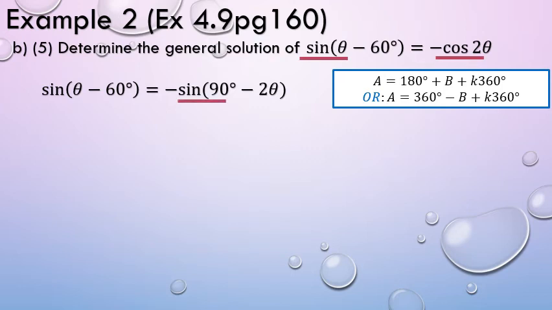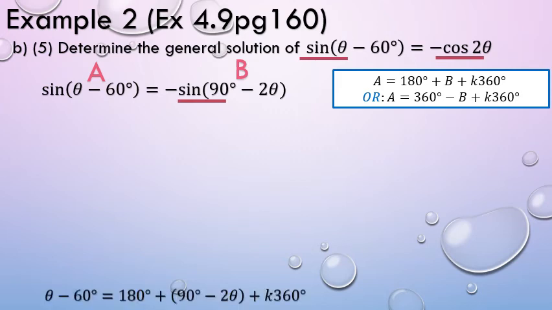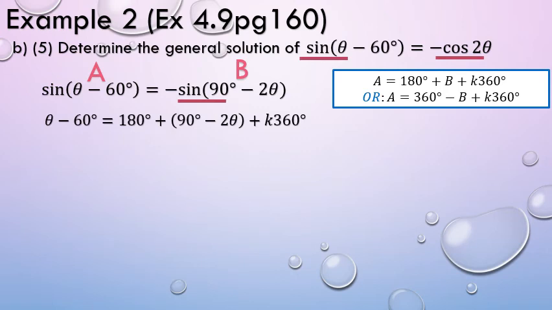I'm going to link up my A and B's. A is going to be theta minus 60, B is going to be 90 degrees minus 2 theta, and pop it into the formula.